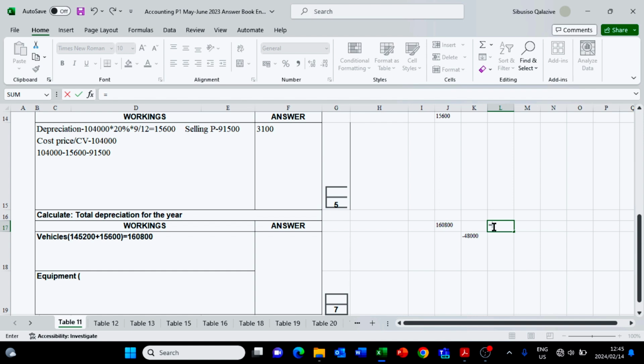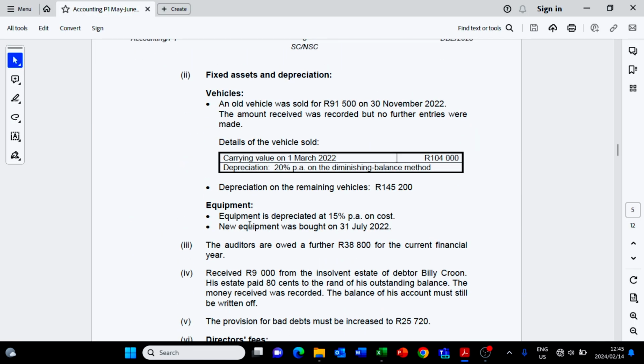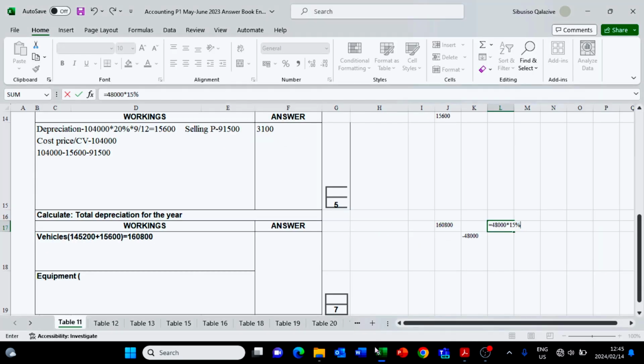We are going to use this 48,000 to calculate how much was the depreciation for the new equipment. 48,000 times the 15%. Is it the 15%? Let me look at it correctly. Yes, 15% per annum on cost. So I said this equipment spent only 7 months in this current financial year.